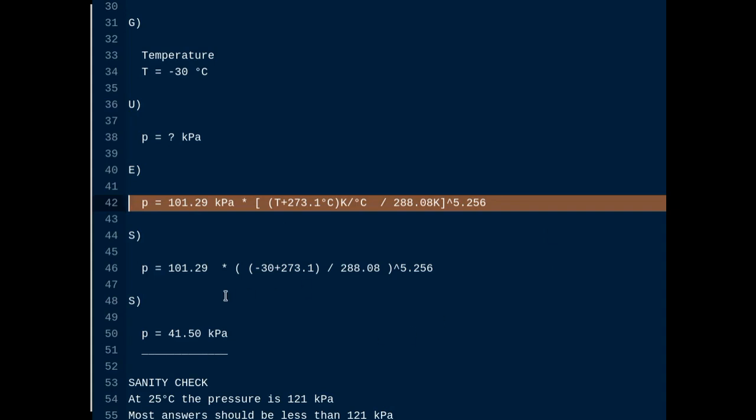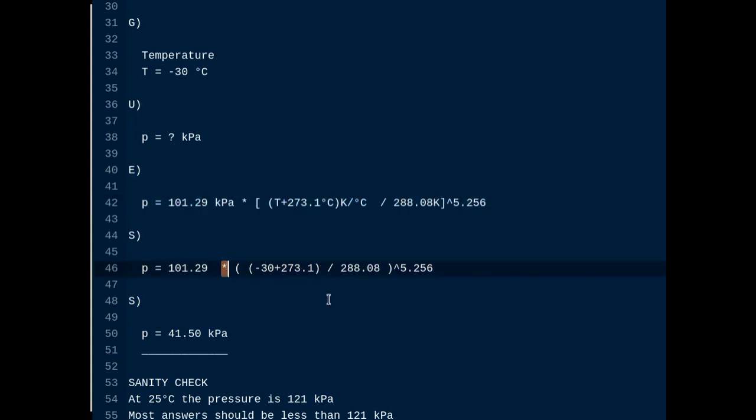So if you want to do this all at once in your calculator, do this. We're going to put 101.29 times, open a parenthesis, open a second parenthesis, so you can do this calculation first. My advice is on your calculator, use parentheses only for separating. Use the multiply button when you mean multiply.